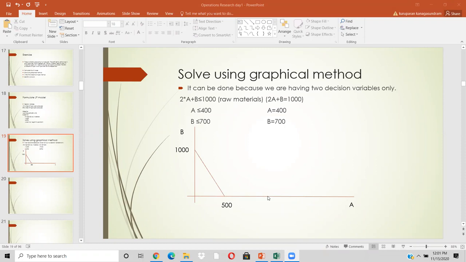Under that line means the left hand side. This is b equal to 0 and a equal to 500. On this side, what will be the value? We need to find which side the region belongs.